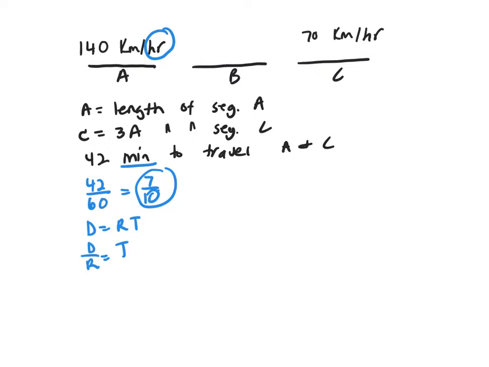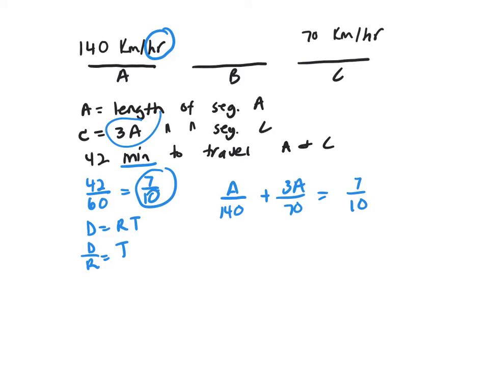So D over R, the distance or length of A is A, over R, the rate is given as 140, plus what's the length of C? It's 3A, and the rate is 70. So time plus time equals total time, so that equals 7/10.